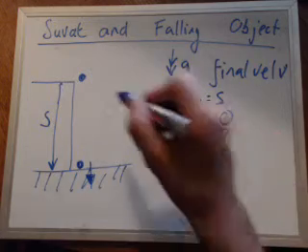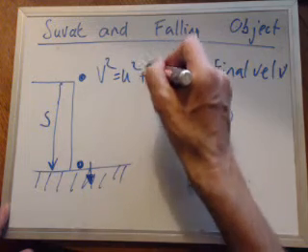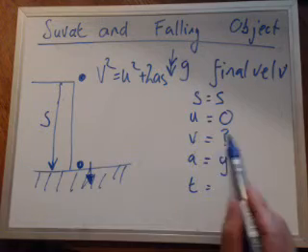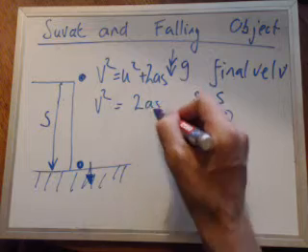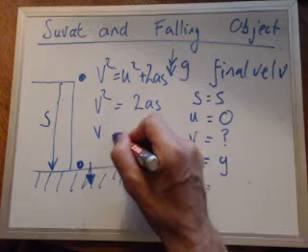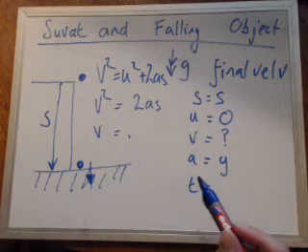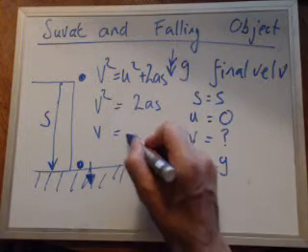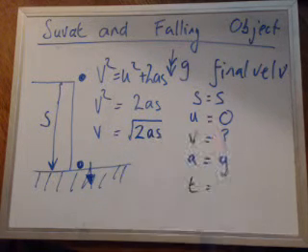So the equation we'll use is v squared equals u squared plus 2as. u is 0, so v squared equals 2as. Take square roots of both sides; of course you've got two answers to a square root, positive or negative, but we ignore the negative result, so the final velocity is the square root of 2as.